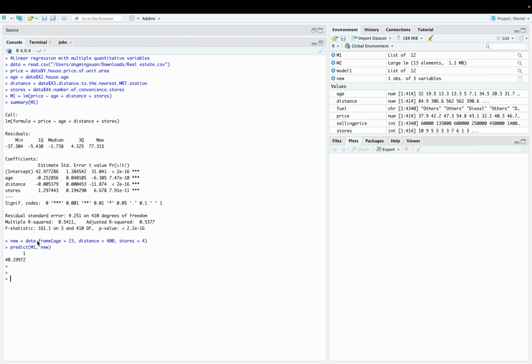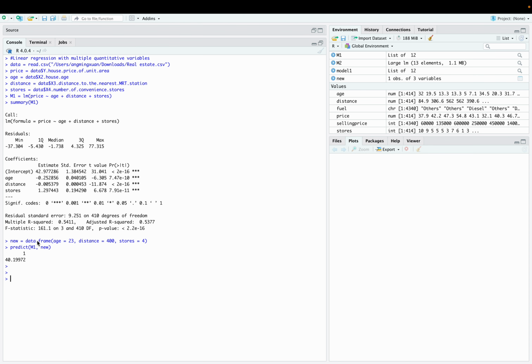And if we fix the age and the stores, there is a 0.005 reduction in the price of the house for every meter it is away from the MRT. And then if we now fix the age and the distance, for that same age and distance, the price of the house increases by 1.30 for each additional convenience store nearby.